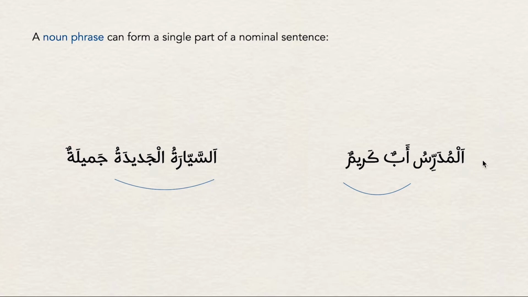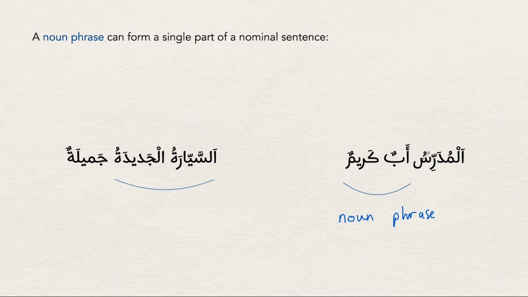Here in this example, we've got al-mudarrisu abun karimun. This blue line here shows us that there's a noun phrase, or a mawsuf sifa if you like to use the Arabic, and it's an indefinite noun phrase. It's actually the khabar, or the predicate of this sentence.